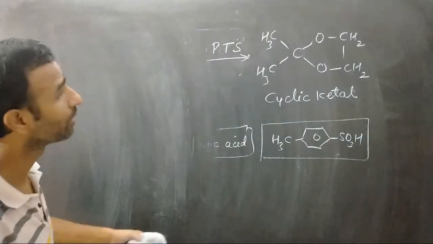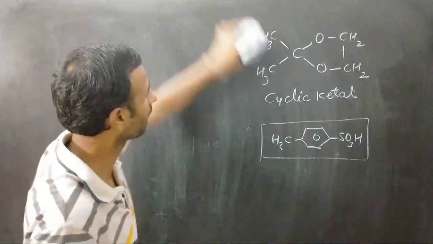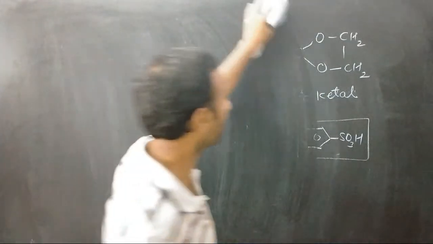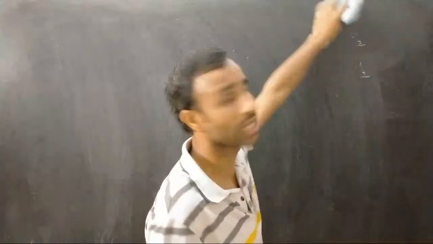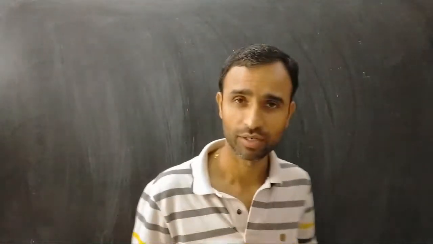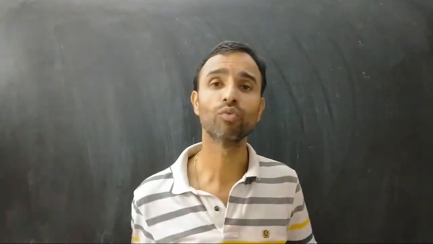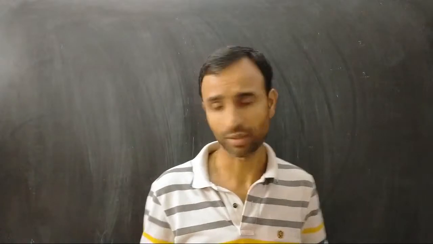can be converted back into aldehydes or ketones by using aqueous HCl. See, we use dry HCl because if it is aqueous, then the reaction is reversed. Right? Keep in mind.